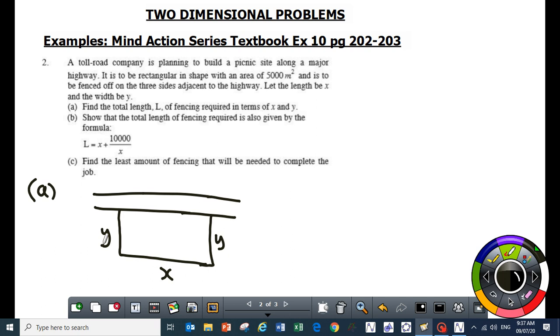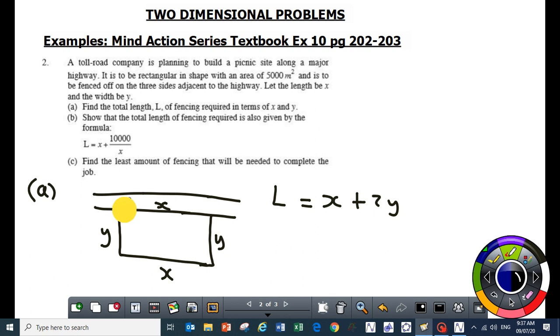It means this length here is going to be x as well, because the opposite sides of the rectangle are equal. So the total length L is going to be equal to x plus 2y. The total length is going to be x plus 2y. We are not worried about this length.